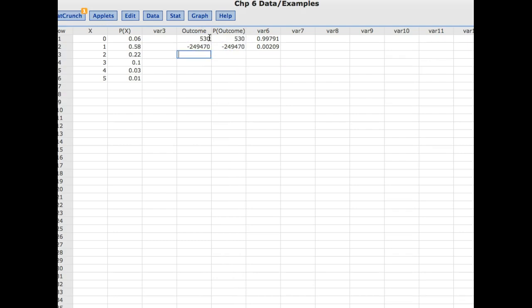That's what the insurance company makes on you, 99.791% of the time, and then 0.00209% of the time they have to pay out for people who pass away.